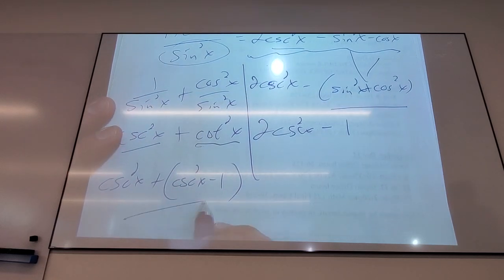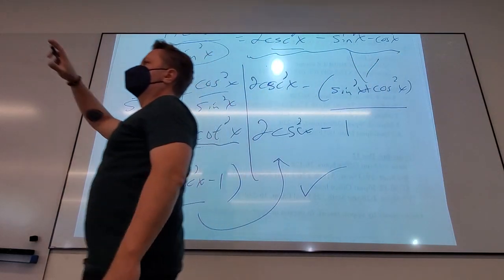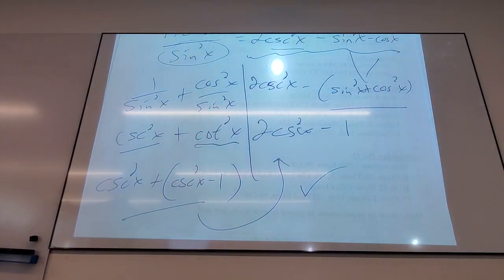And aren't these the same thing? But it's all about using the other side as a hint. Does one side have a fraction and the other one doesn't? Try to break that fraction up.